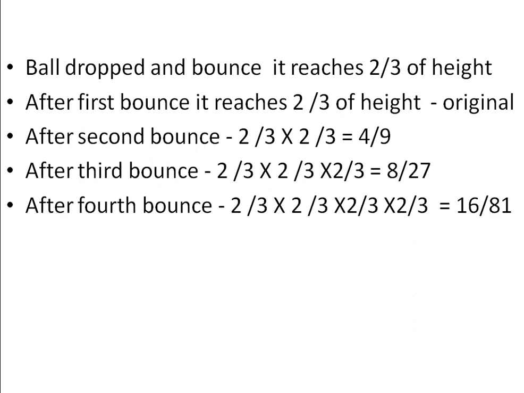And after the fourth bounce, you should be very clear: first bounce, second, third and fourth, 4 times. It is 16 by 81. Just multiplying 4 times, you will get the answer for the fourth bounce. So the answer here is 16 by 81.